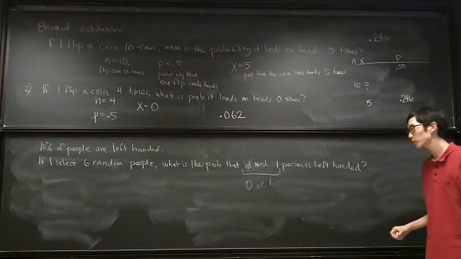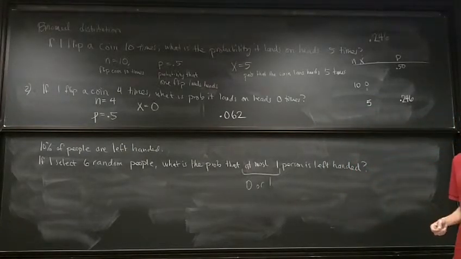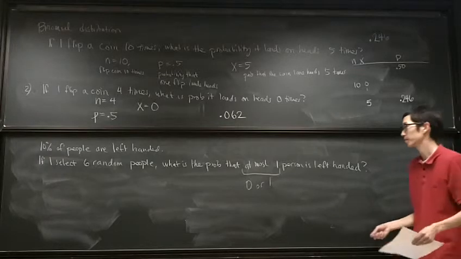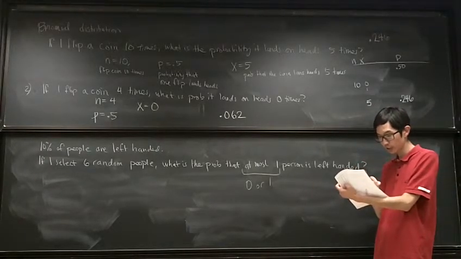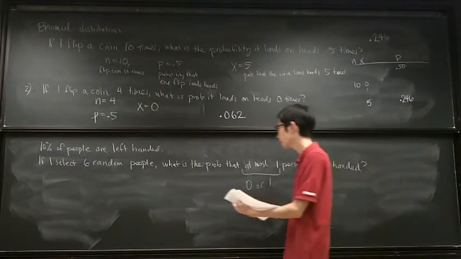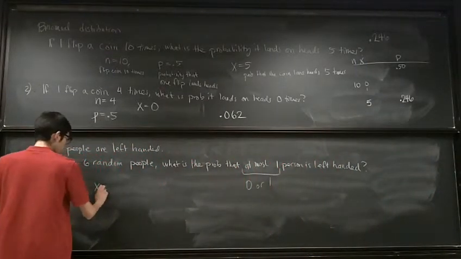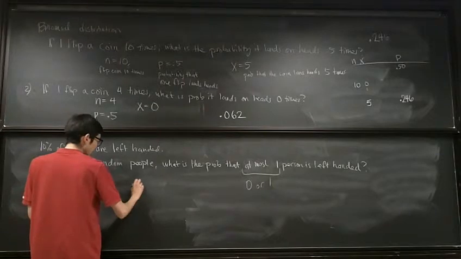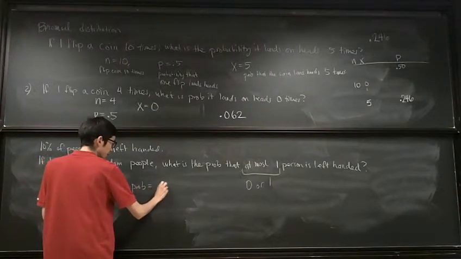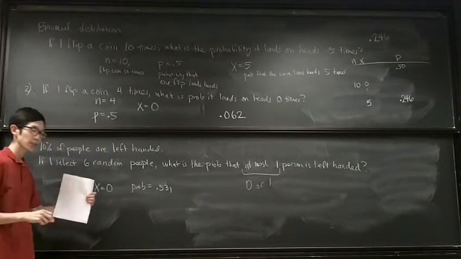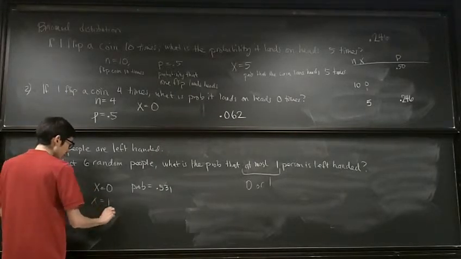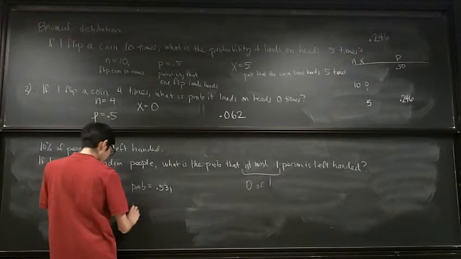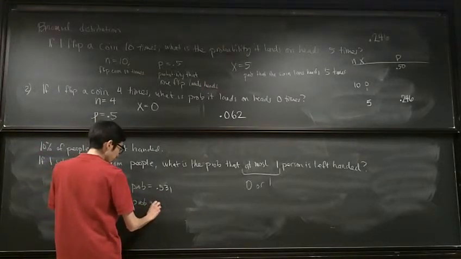So what's the probability that 0 people are left-handed? 0.531. So for x equals 0, the probability is 0.531. And for x equals 1, what was our answer? 0.354.